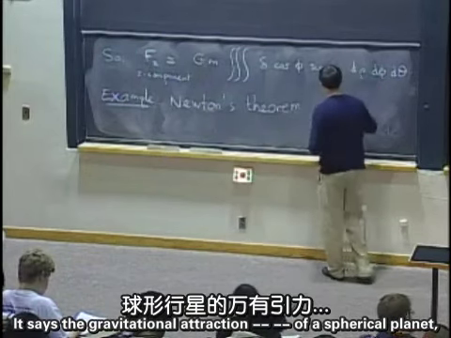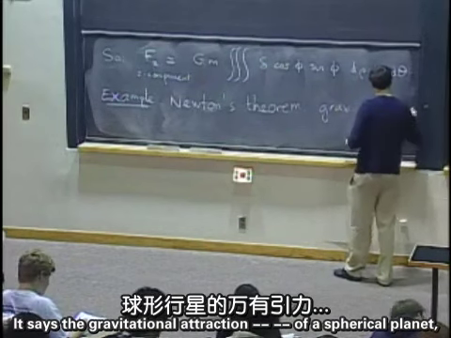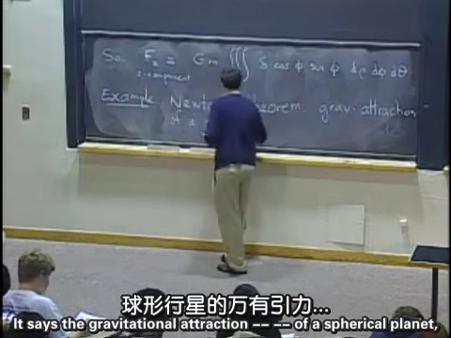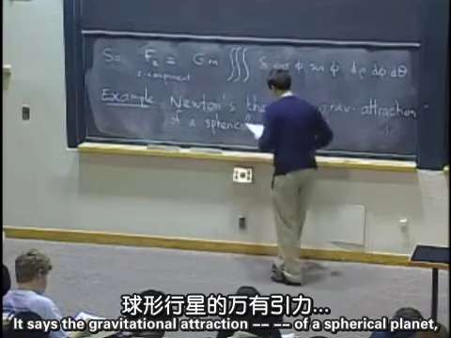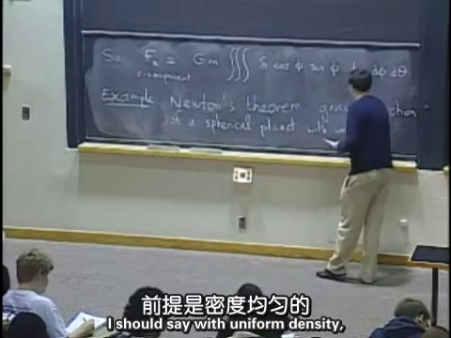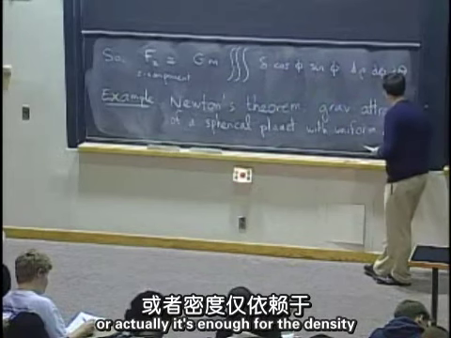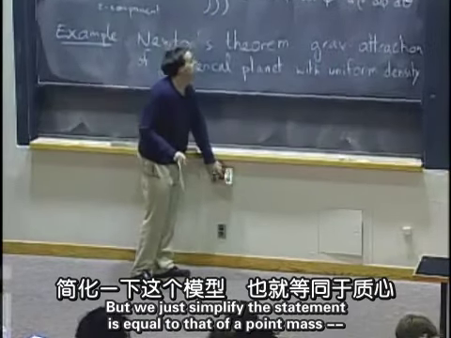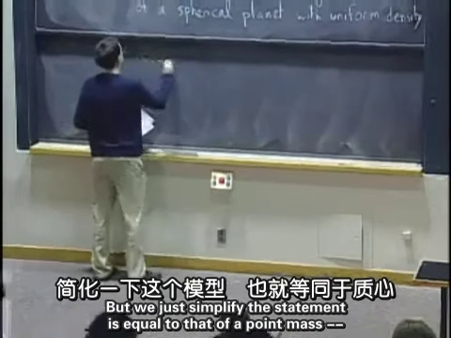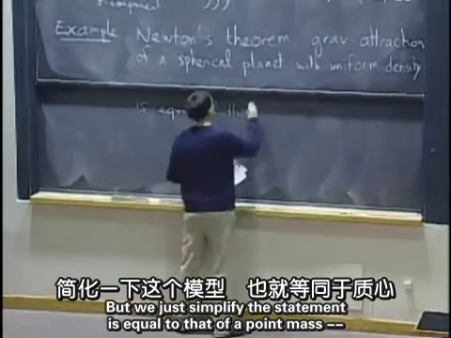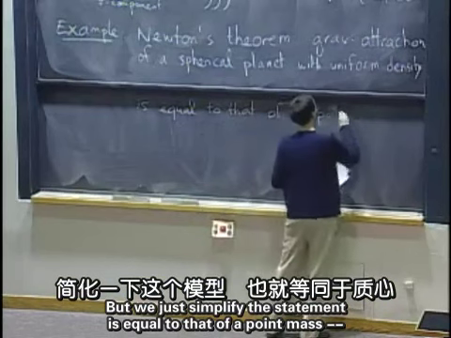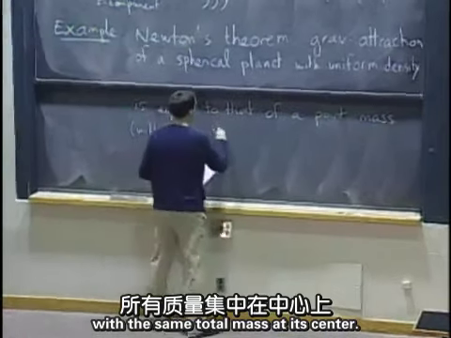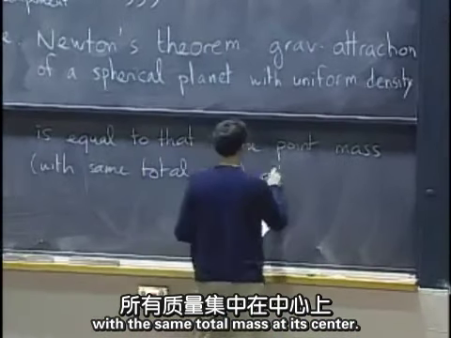It says the gravitational attraction of a spherical planet, I would say with uniform density, or actually, it's enough for the density to depend just on distance to the center, but let me just simplify the statement, is equal to that of a point mass with the same total mass at its center.